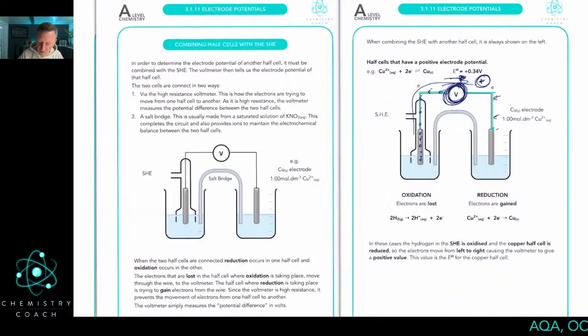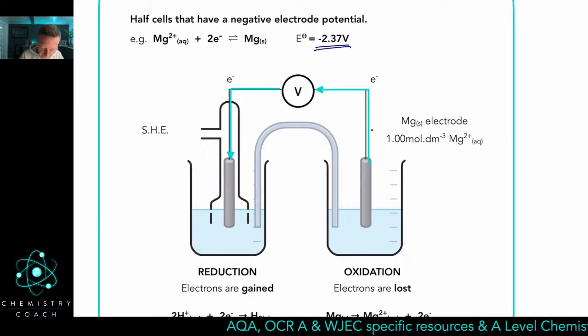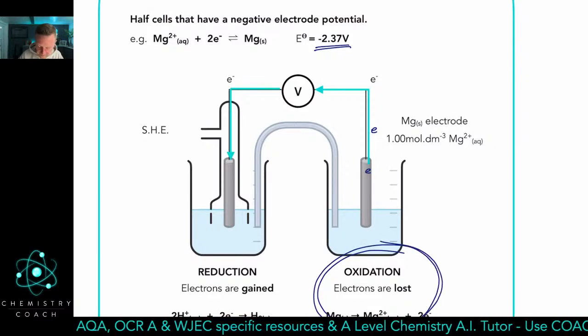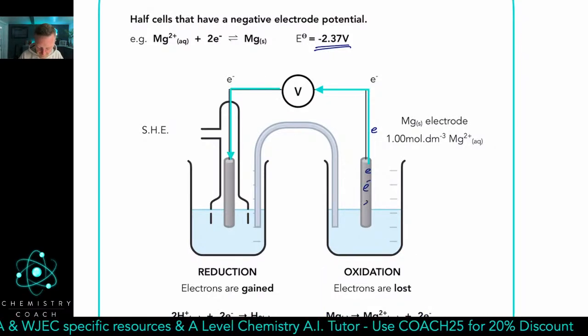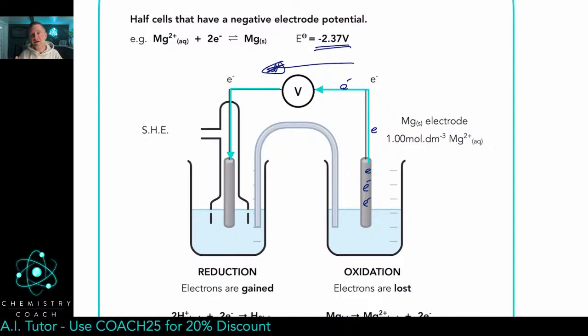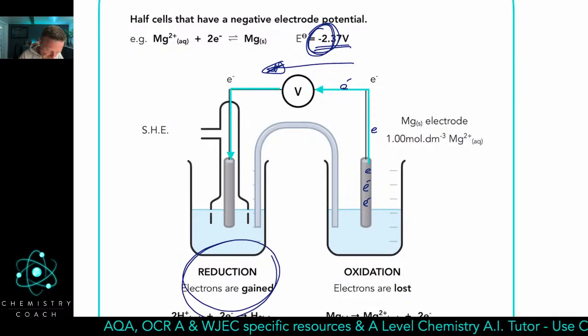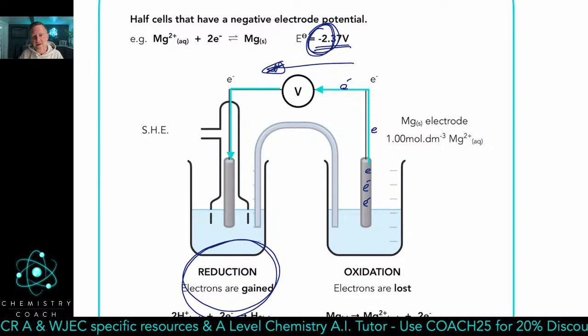And that's because when we hook up magnesium to the standard hydrogen electrode, look what happens. Oxidation's happening here, the electrons build up, they look to move from right to left, basically going the wrong way through the voltmeter, which is why we've got a negative value on our reading, because it's the metal that's this time being oxidized and the standard hydrogen electrode being reduced.